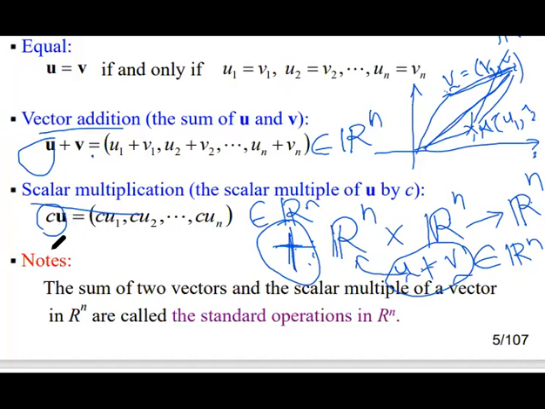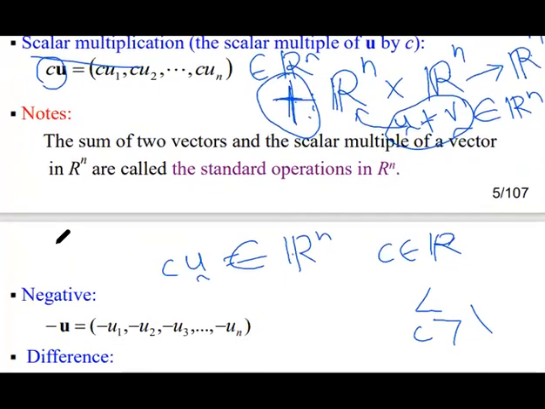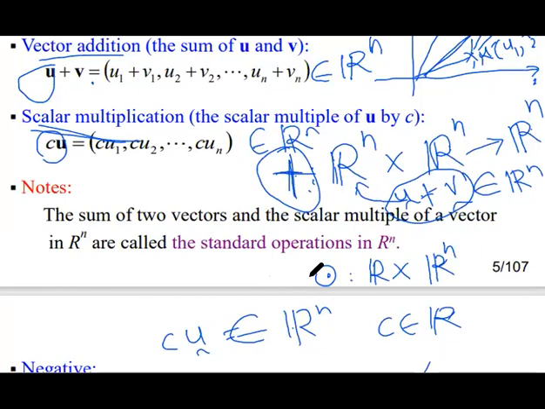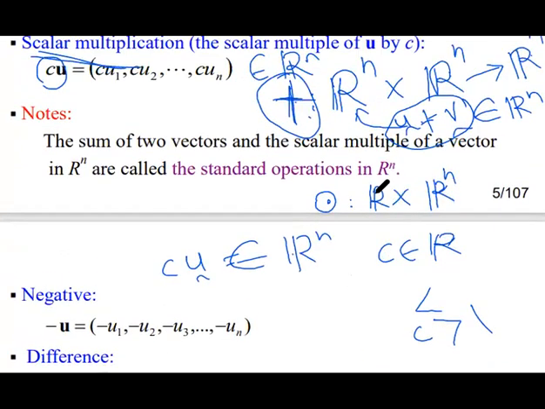The scalar multiplication we perform within these two sets: the scalars and the previous space.